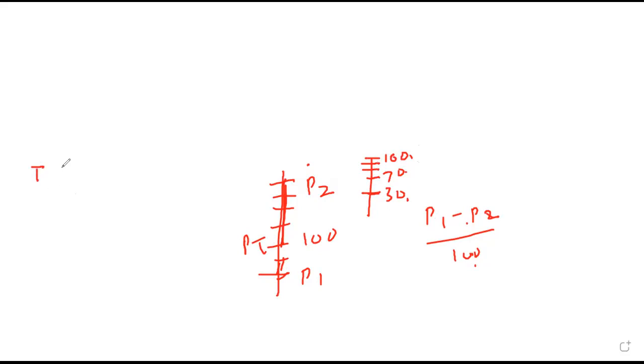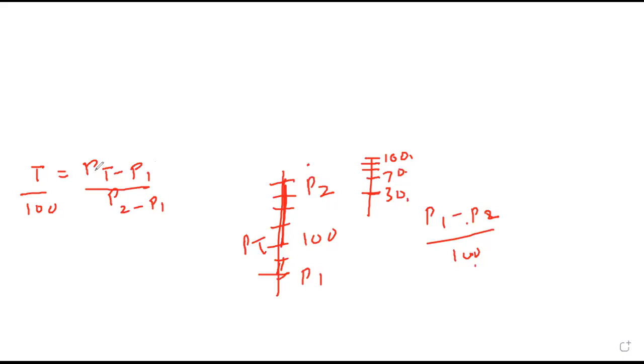So T is given by T upon 100, which is PT minus P1 upon P2 minus P1, and it should be the same for any scale. If starting is P1 and ending is P2, this difference will give you total divisions.